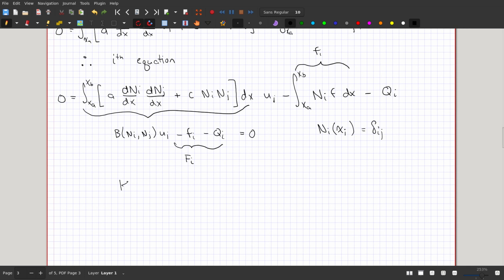So this will be K_ij u_j equals F_i, right? Which of course has the solution in vector form: U is equal to K inverse times F.